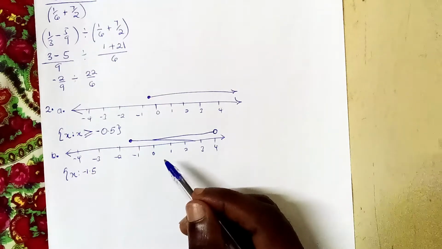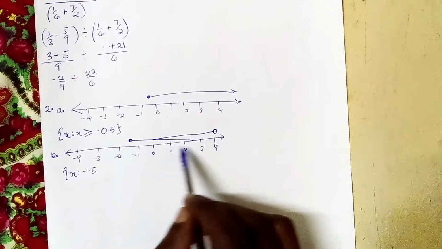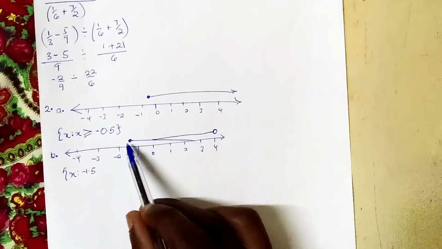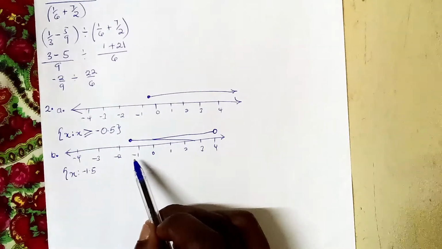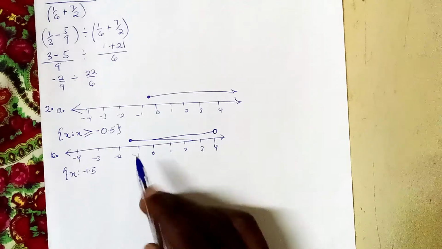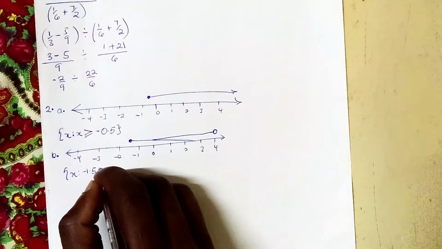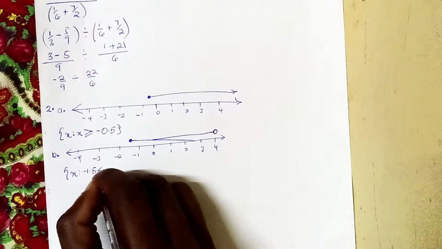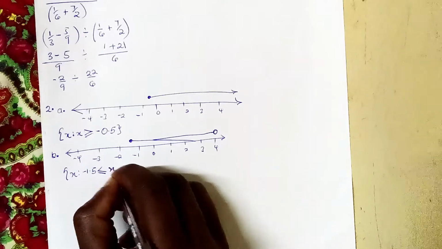We know it's either greater than or equal to, or less than or equal to. The numbers between the 2 points are all greater than minus 1.5. So hence, it's less than or equal to x.